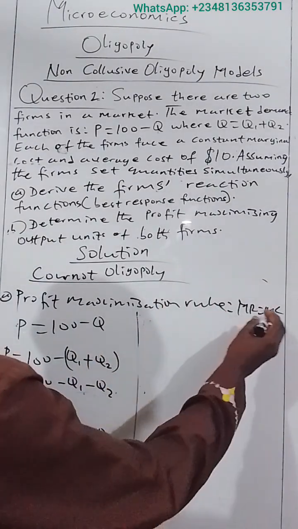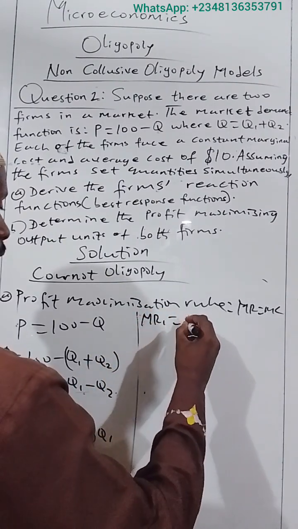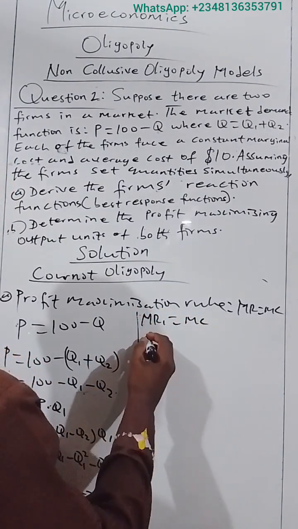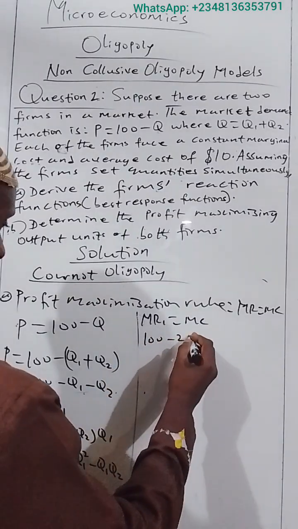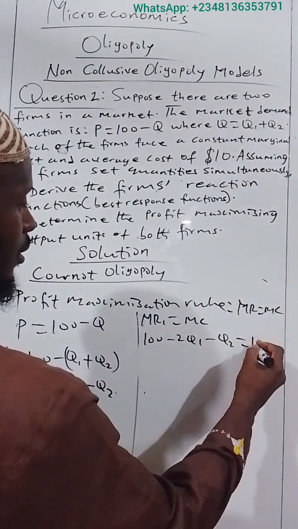Now I can set MR1 equal to MC. My MR1 is 100 minus 2Q1 minus Q2, which equals MC, 10.